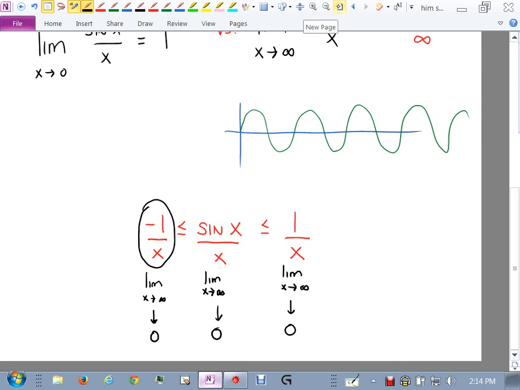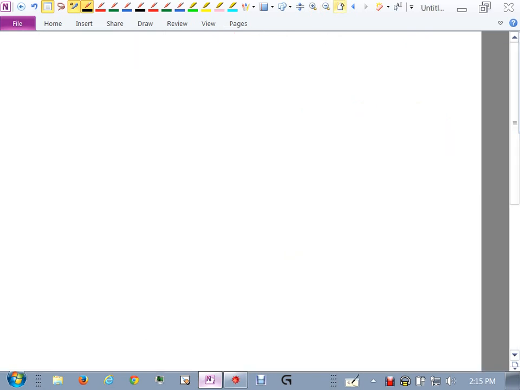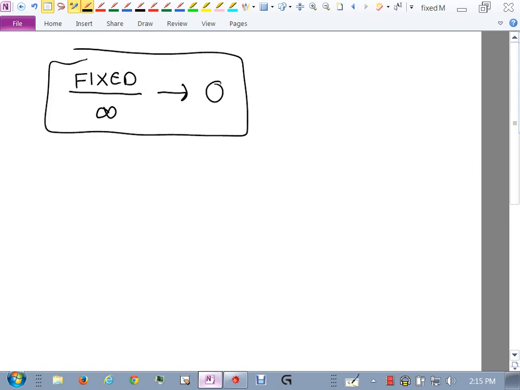Can I move to a new page? The limit is 0, yes. But I'm going to show it to you a different way. Remember we said fixed over infinity would head to 0? I boxed it and said that's very important.